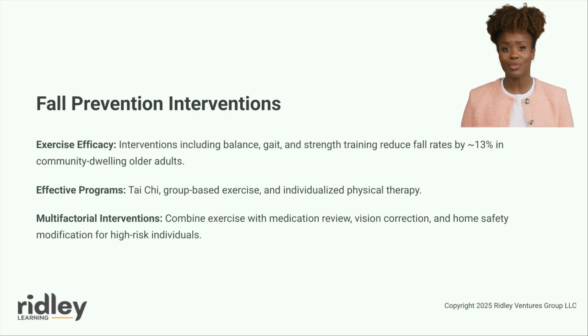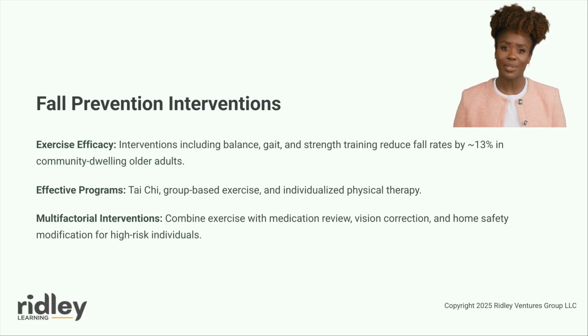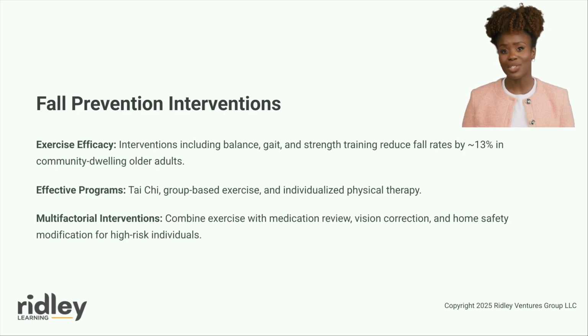The evidence base for fall prevention interventions has been evaluated in multiple systematic reviews. Exercise interventions, particularly those including balance training, gait training, and strength training, reduce fall rates by approximately 13% in community-dwelling older adults. Greater effects are observed for high-risk populations and programs that include balance-challenging activities.